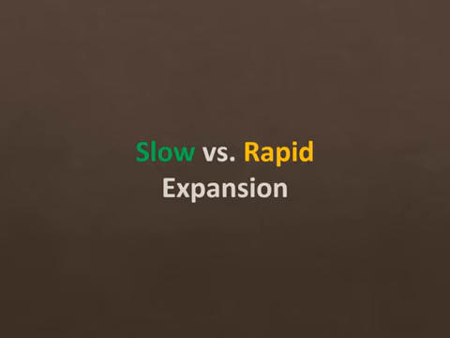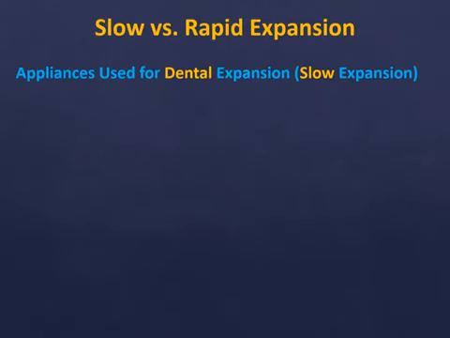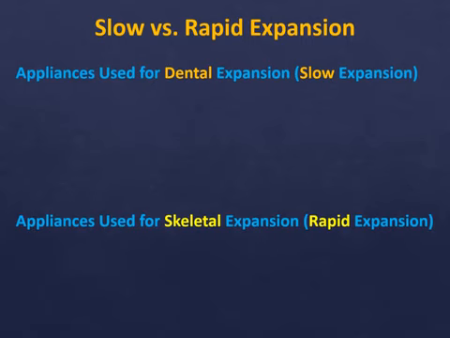Slow versus rapid expansion. Appliances used for dental expansion are usually slow expanders, while appliances used for skeletal expansion are usually rapid expanders.